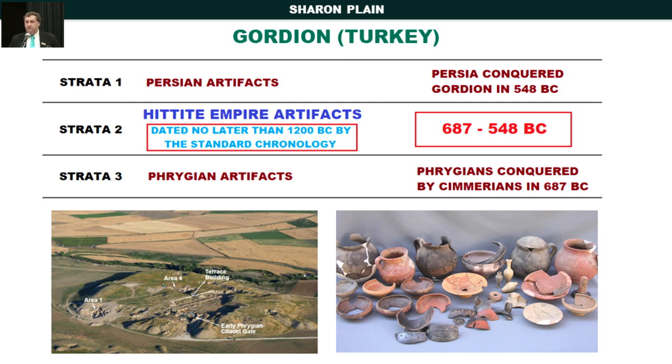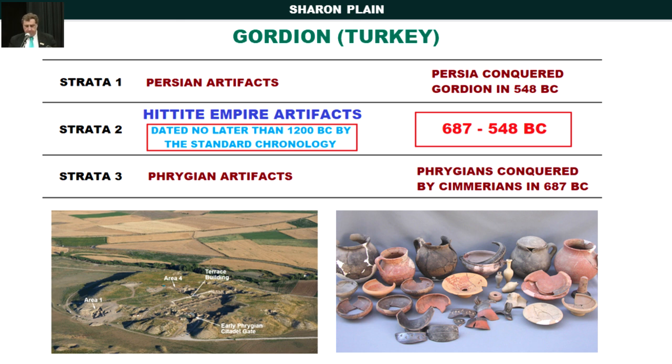Now, Alan Montgomery writes the following. At Gordian, after World War II, the excavator, an American named Young, identified a stratum related to the time of King Midas in level 3. If you recall, King Midas was the Phrygian king who had the Midas touch of being able to turn things into gold. Now, the top stratum, level 1, was clearly identified as belonging to the time of the Persians.